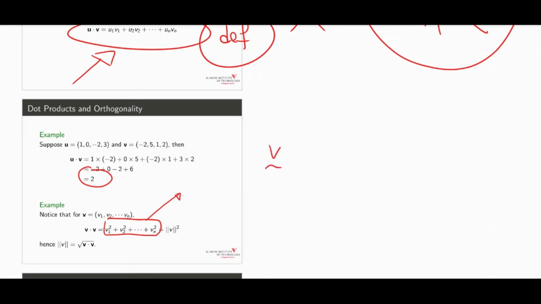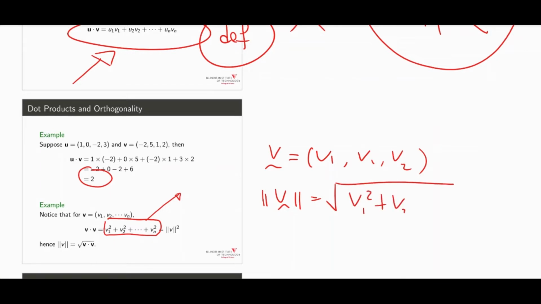So remember, if you have a vector v with components v1, v2, v3, what's the magnitude? The magnitude of this vector is the square root of v1 squared plus v2 squared plus v3 squared. And the part inside the square root right here is actually v dot v.